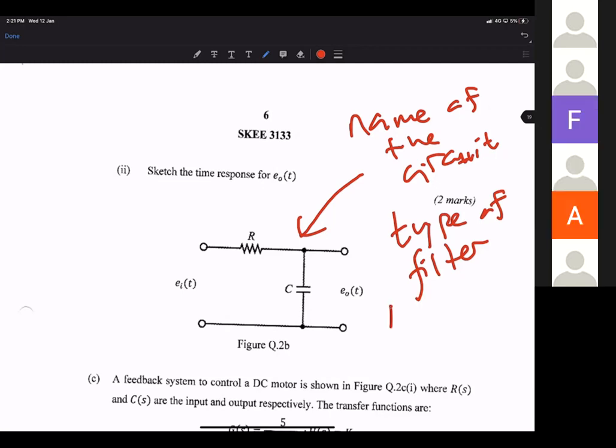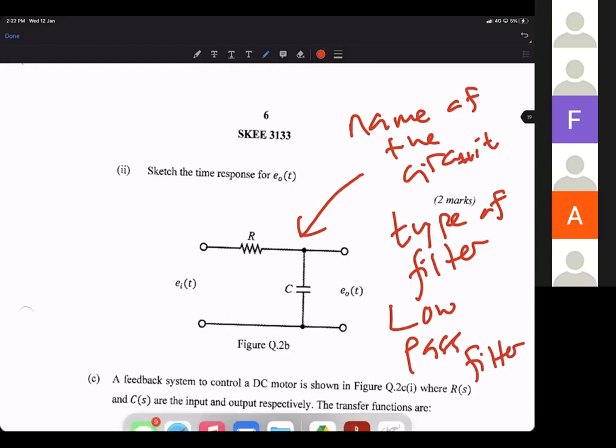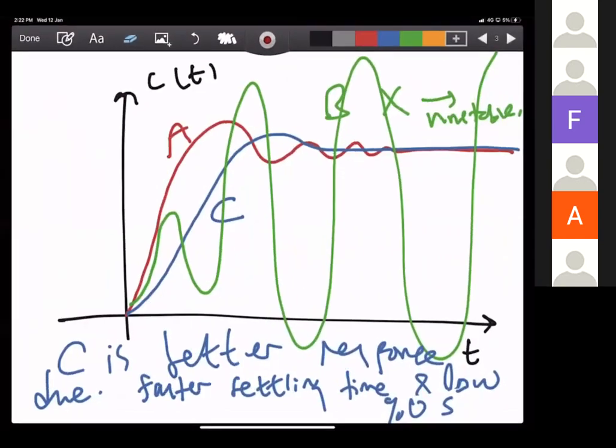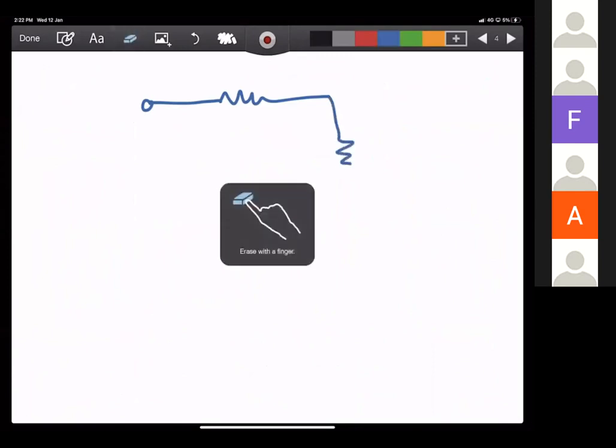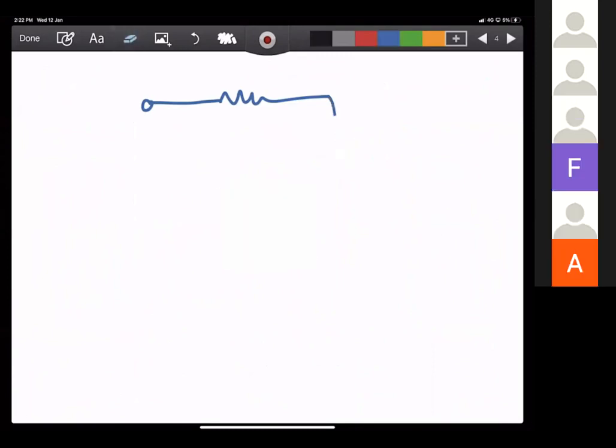Good. Everybody say it: low pass filter. Can't hear you. Low pass filter.